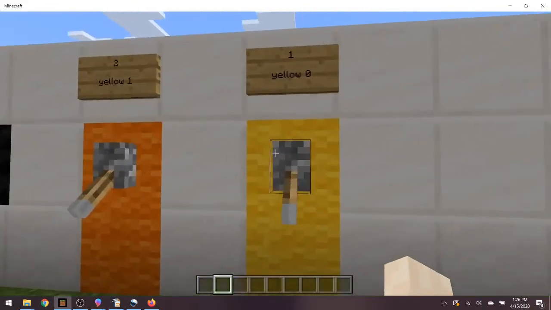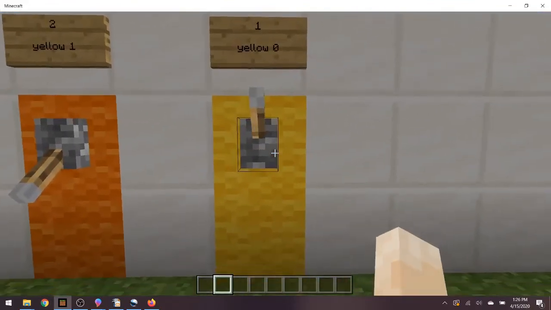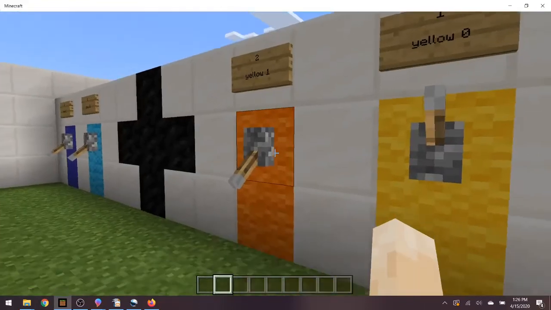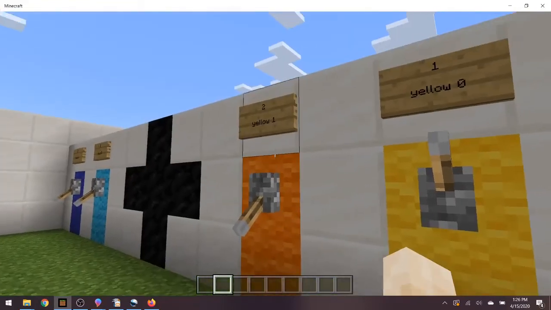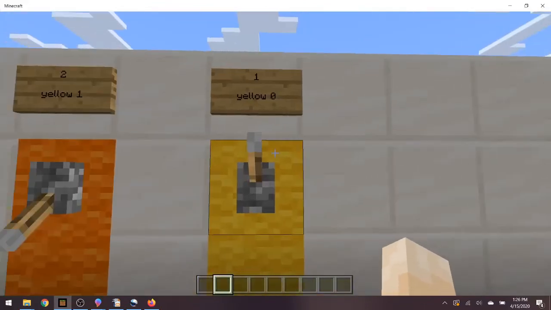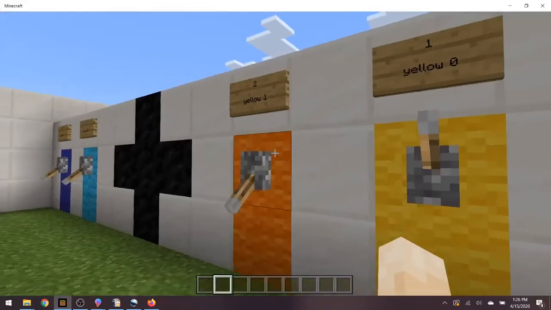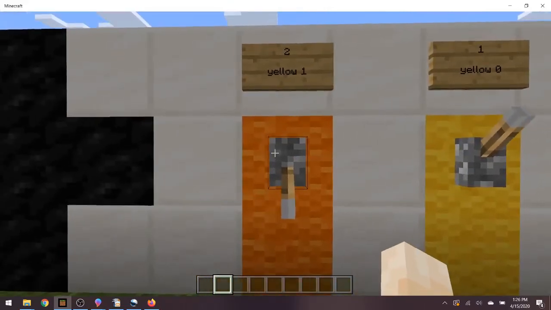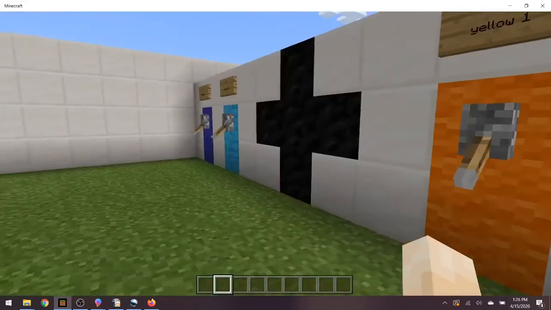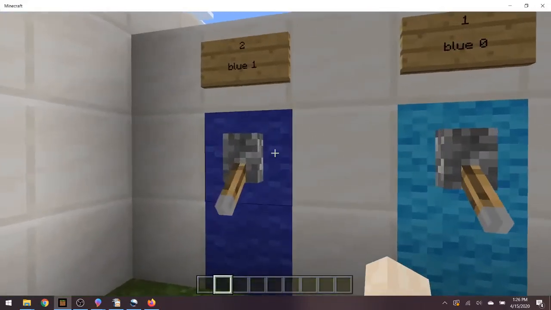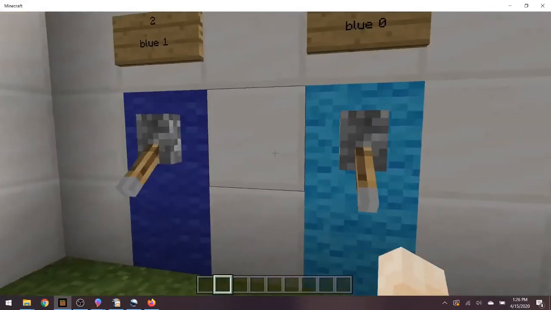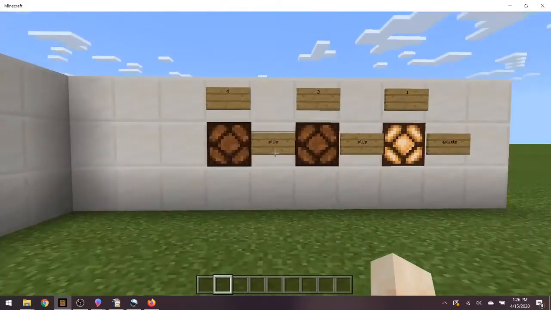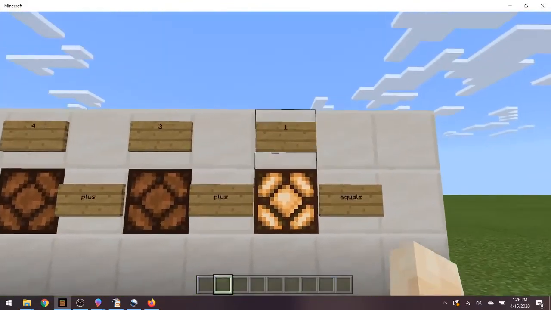So let me go ahead and start by flicking this up. When a lever here is down, that means it's off. And if the lever is up, that means it's on. So this represents a 1. So this would be like the number 0, 1. And the blue number here is just 0, 0. So I've got 0, 0 plus 0, 1, which gives me 1.